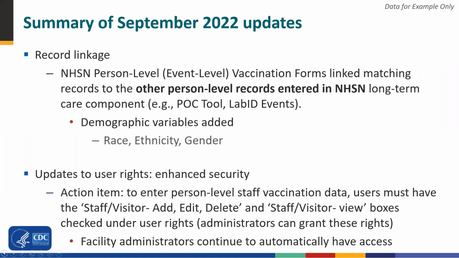All individuals and their demographic data that are entered on these forms are stored in the overall NHSN resident and staff lists. So in this release, we linked the person level vaccination records to the NHSN resident and staff lists to provide consistency and integration across the forms.